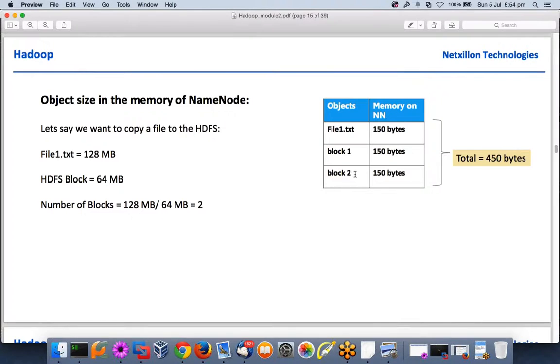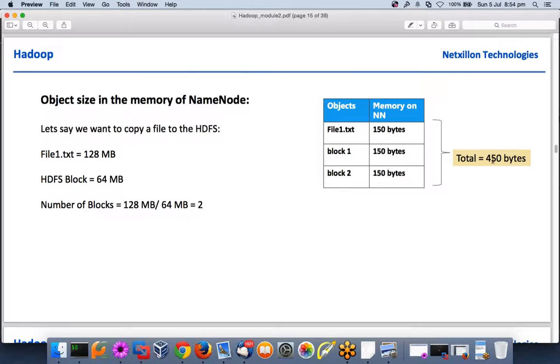So now I have two blocks. One block is 150 bytes, so two blocks are 300 bytes, plus one for the file name itself, so I have 450 bytes. So if I write a file file1.txt on an HDFS file system, its size will be 450 bytes in the memory of the name node, correct?